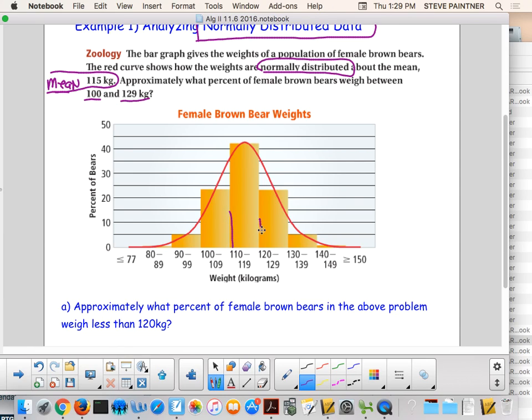On the right side is what weight? 110 on the left, 119 on the right. So, that's how you have to kind of think about it. So where is 100 on the left side? Where's 129 on the right side? Okay, so basically what percent of the brown bears fall between 100 and 129?